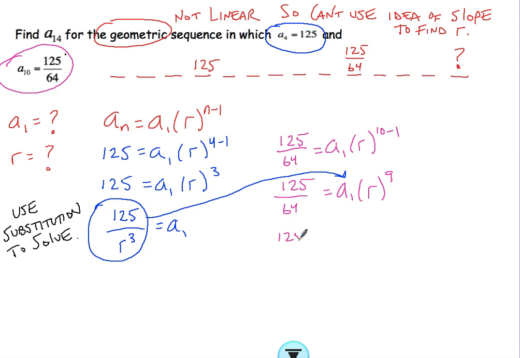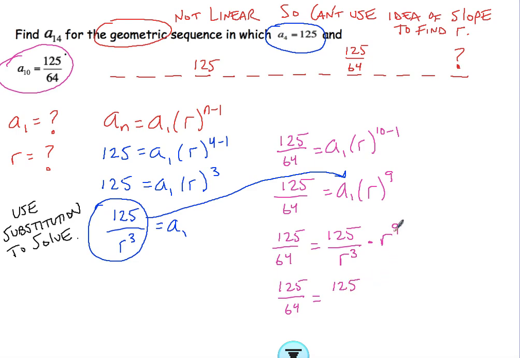So I will have 125 over 64 equals 125 over r to the third times r to the ninth. Okay, let's do a little bit of simplifying. On the right side, I have 9 r's on top and 3 r's on the bottom. So those are going to reduce.